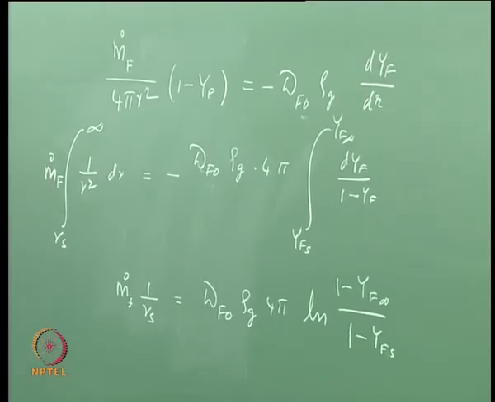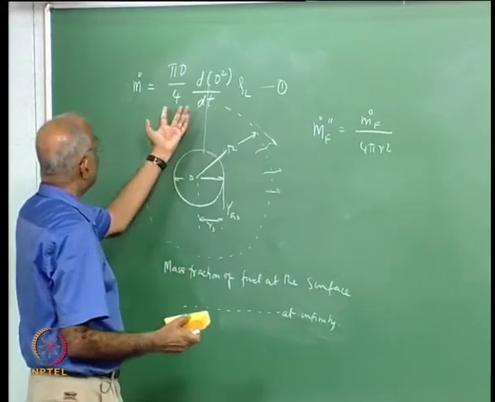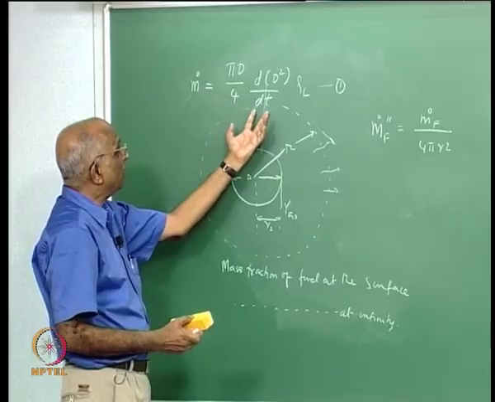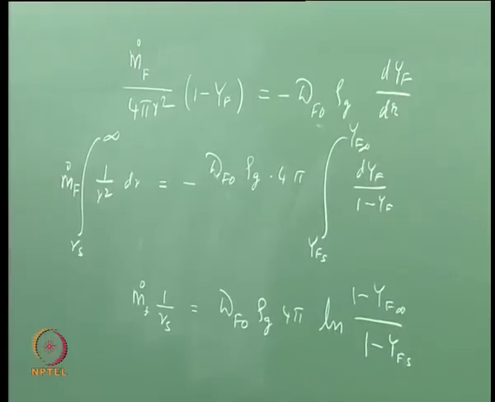Is it all right? This is the value of the mass which is leaving, but the mass which is leaving we already saw is equal to pi D by 4 into d D squared by dt, and therefore I can substitute it in that particular relation.